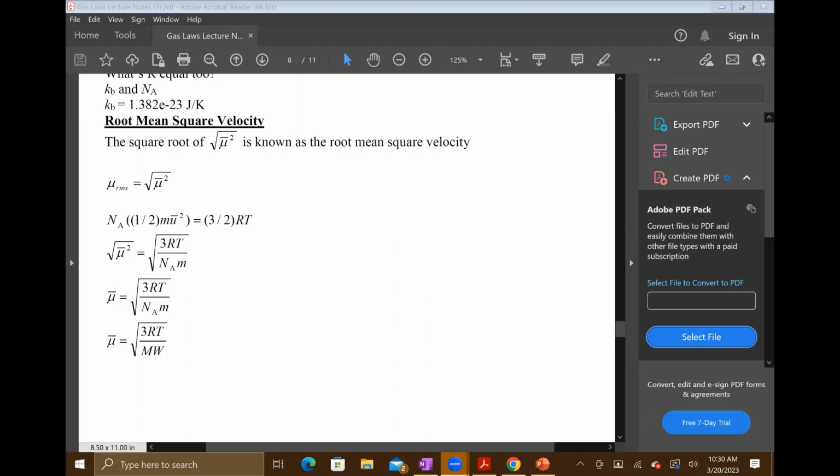Y'all can still see it though. Look in the chat box. And then don't forget the units there.